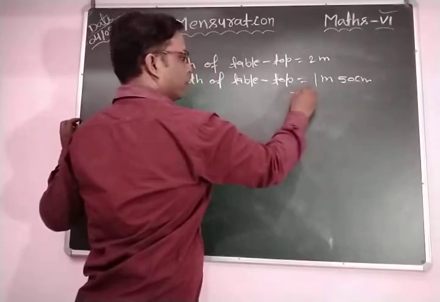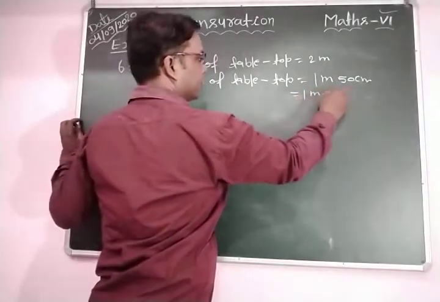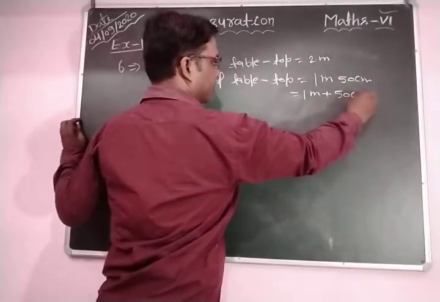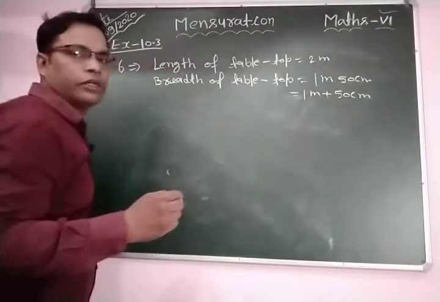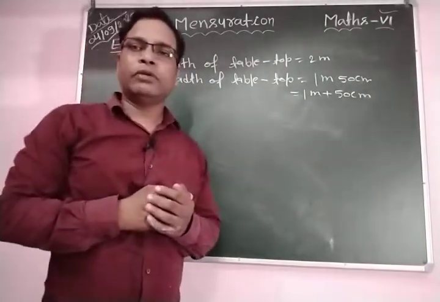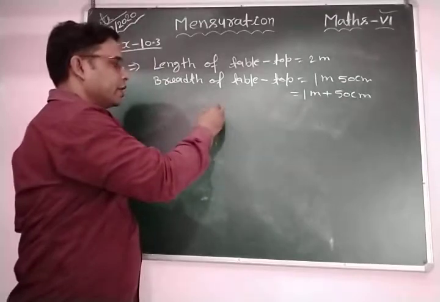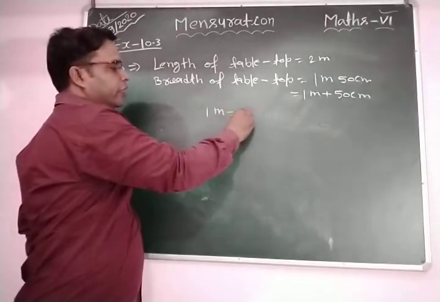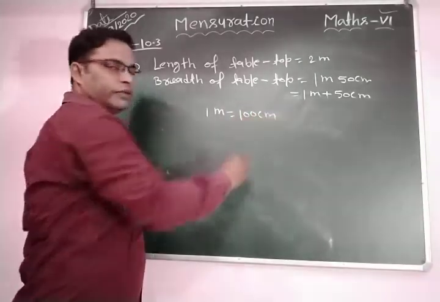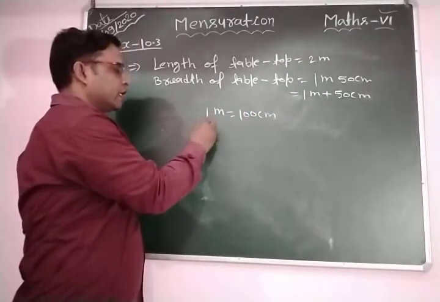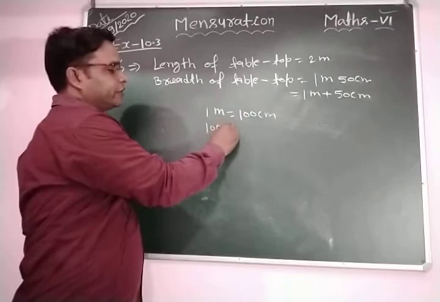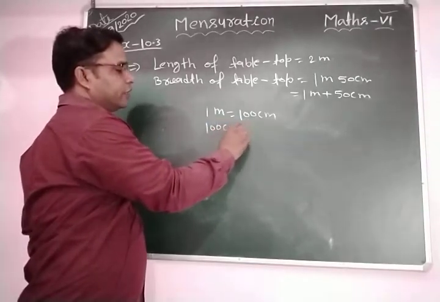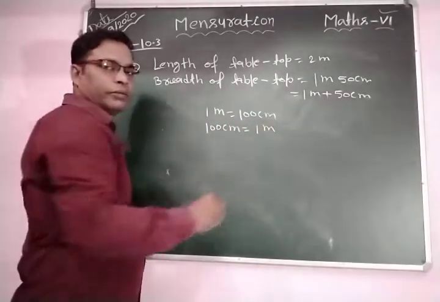You can write it as 1 meter plus 50 centimeter. First we convert 50 centimeter into meter. We have 1 meter equal to 100 centimeter, so 100 centimeter is equal to 1 meter.